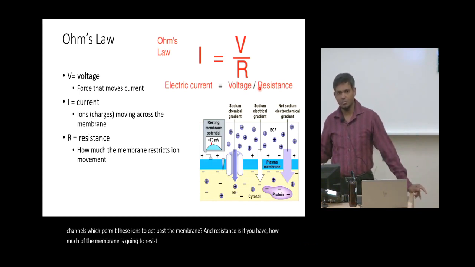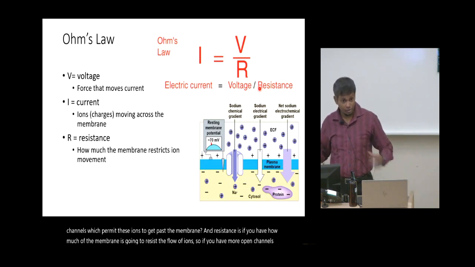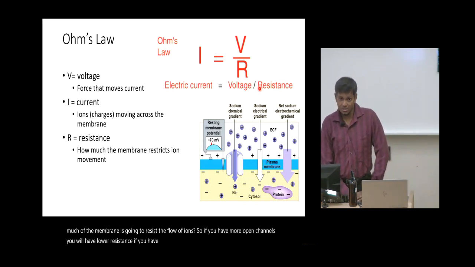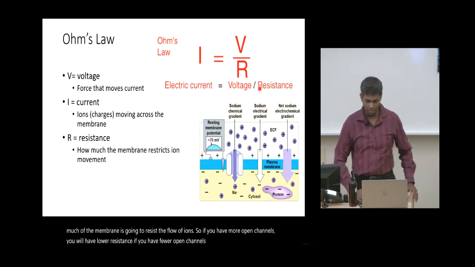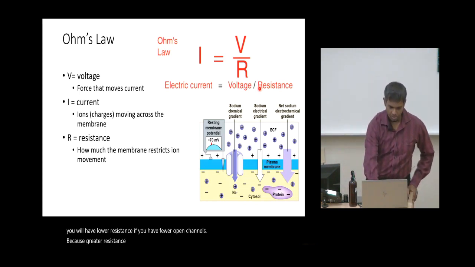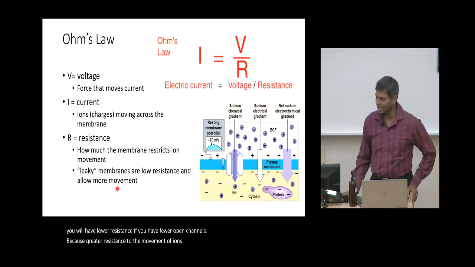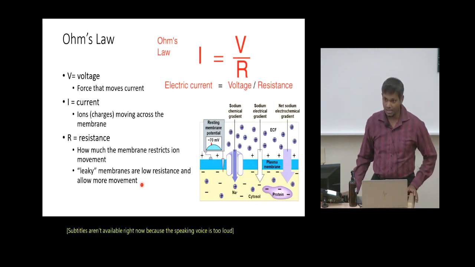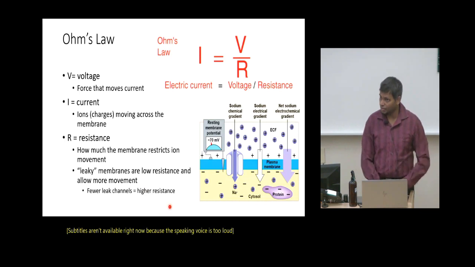So if you have more open channels, you will have low resistance. If you have fewer open channels, it will cause greater resistance to the movement of ions. So again, just notice your leaky membranes will have a low resistance and they allow more movement, whereas if there are fewer channels, you have high resistance.